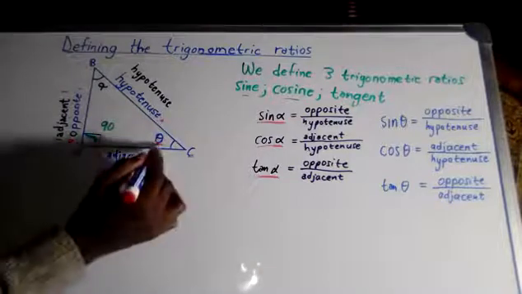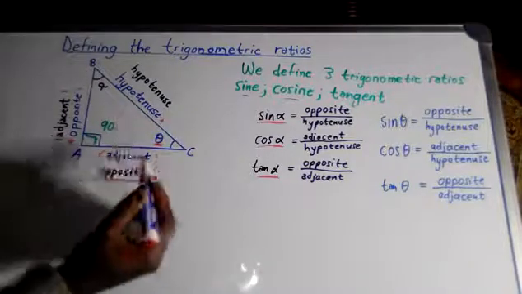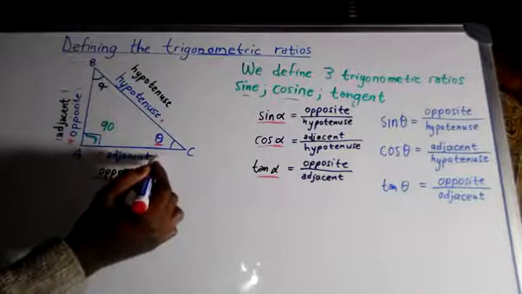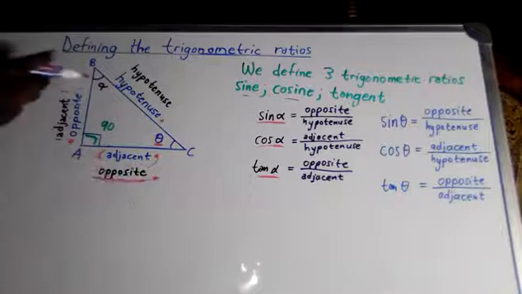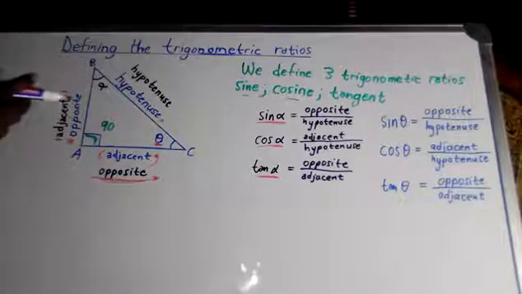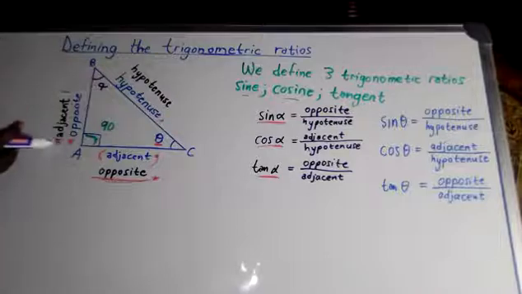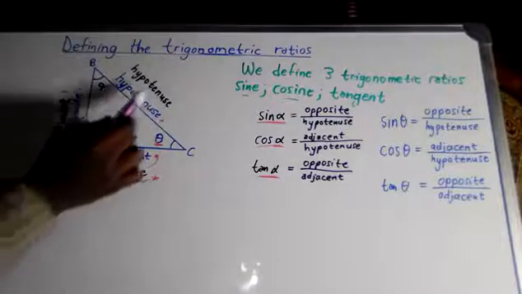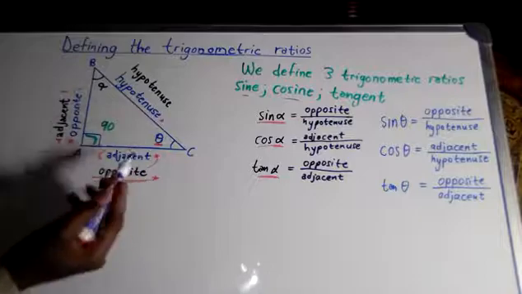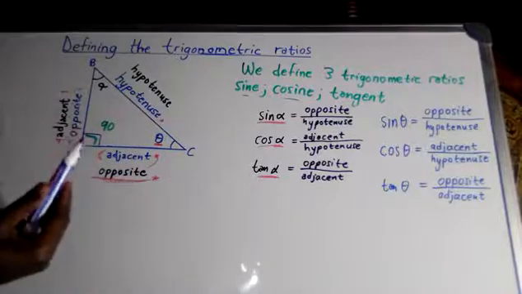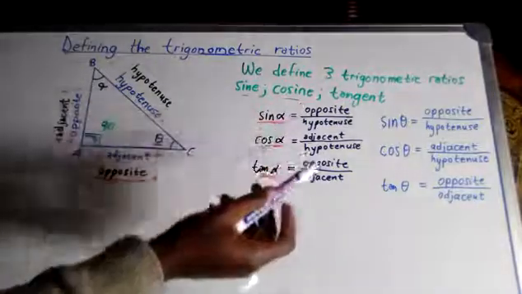If I'm focusing on theta, my adjacent is this one, just below my angle. If I'm focusing on alpha, my adjacent is the side just below the angle, which is this one. And your hypotenuse remains the same. It never changes. So when you're defining your trigonometric ratio, you must look at the angle that you are focusing on, and then you define your trigonometric ratios.